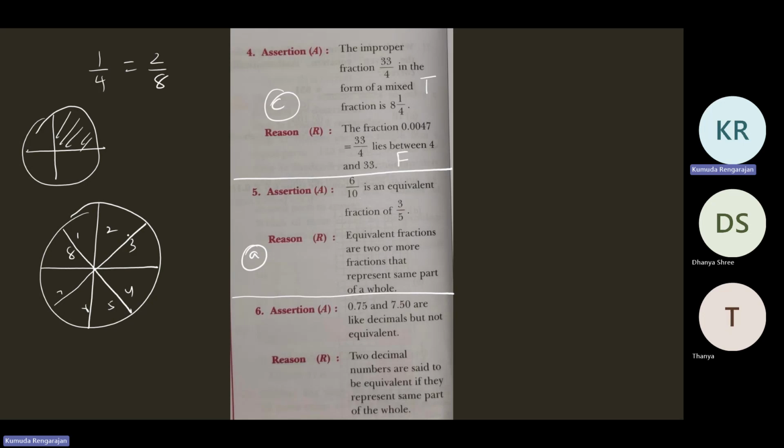Now 2 portions out of 8 portions. Same region, no? See? Same region. So it's true. Equivalent fractions are two or more fractions that represent the same part of a whole. Correct. So A is the correct option. Next one.